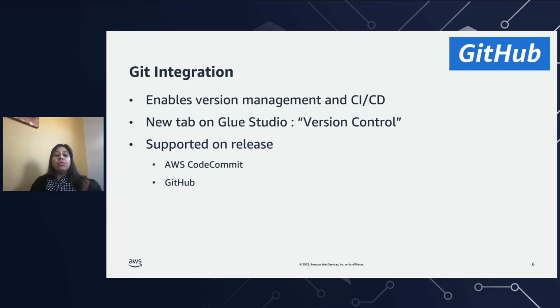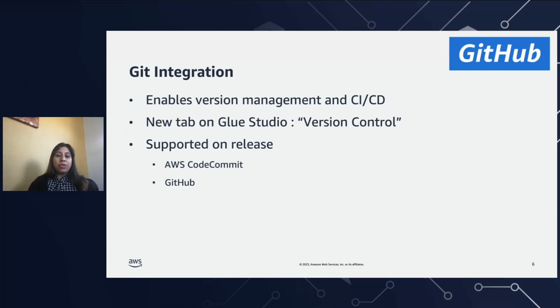For now, AWS CodeCommit and GitHub are supported, and there will be new features coming up as well. Right now, our main focus will be GitHub integration with AWS Glue.